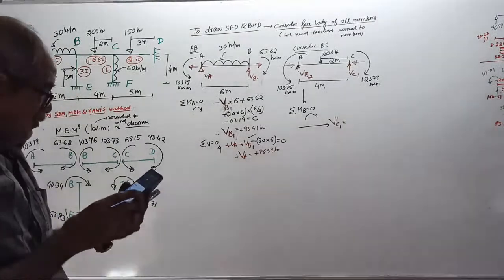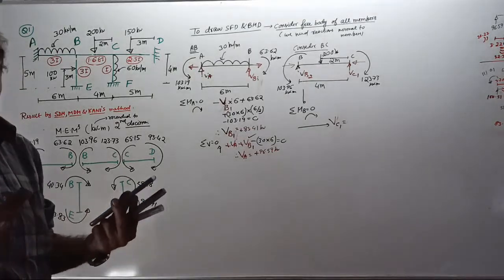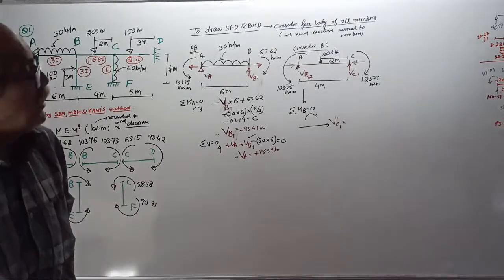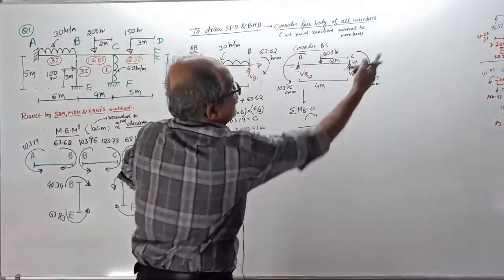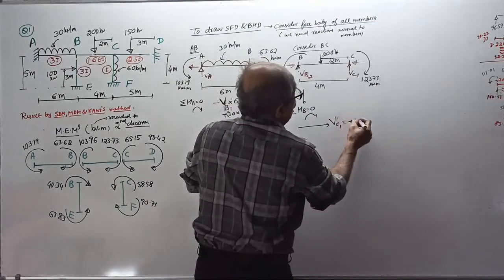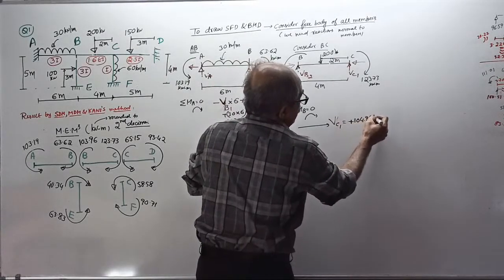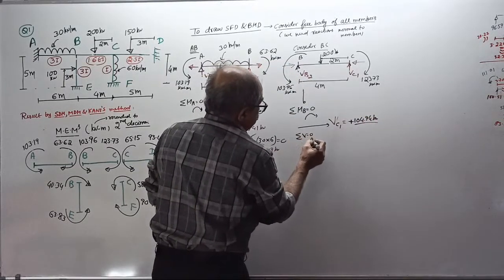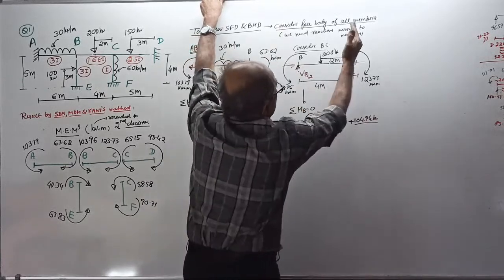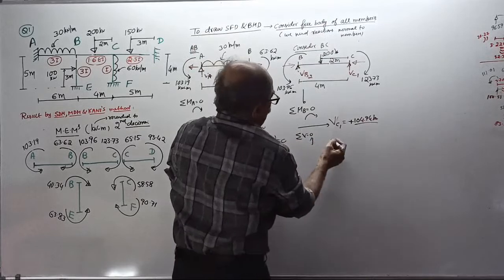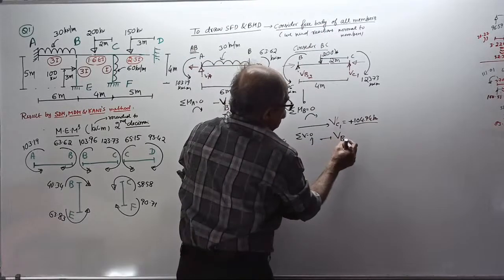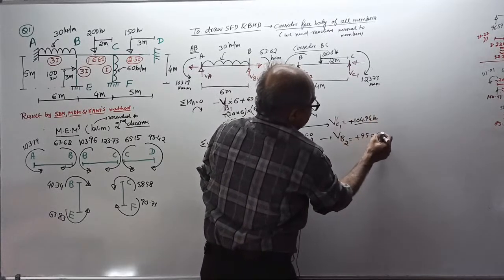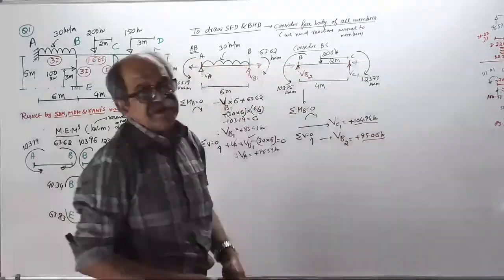Those who are not serious, I cannot do anything. 104.94, correct. It is plus 104.94 kilonewton. Then sigma V equal to 0, upward positive: VB2 plus VC1 minus 200 equal to 0. You get the value of VB2, plus 95.06 kilonewton. Correct answer?